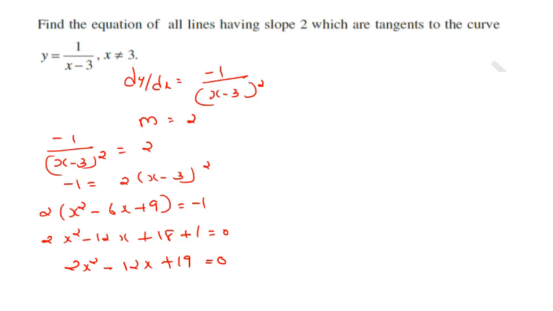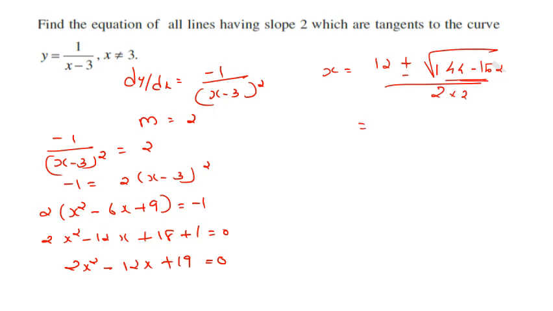So what is x? x is equal to 12 plus or minus root of 144 minus 4 into 2 into 19. 8 into 19 is what? 152, by 2 into 2.